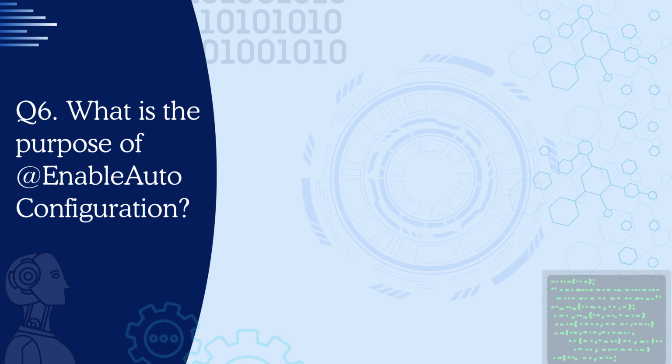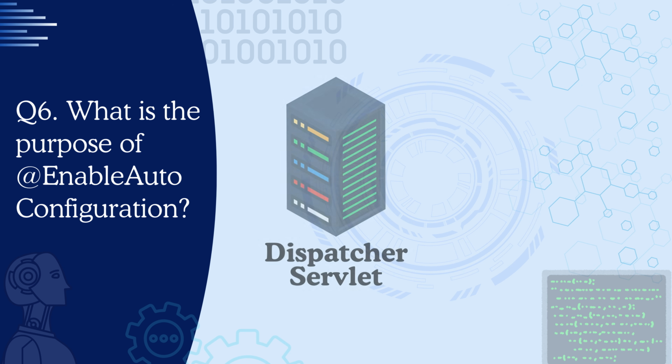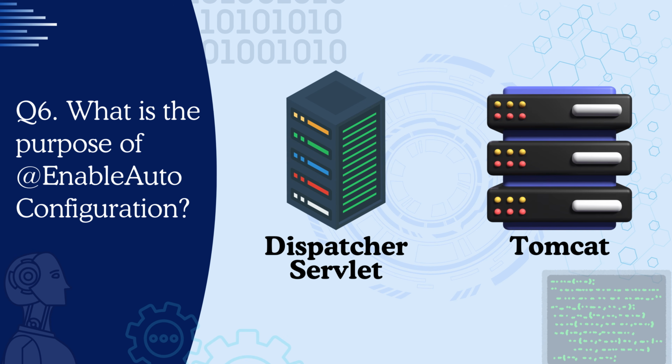Question 6. What is the purpose of @EnableAutoConfiguration? Now Spring Boot has a concept of auto configuration. It means that there are some classes and beans that are required for an application to run. For example, classes related to dispatcher servlet or classes related to Tomcat. So Spring Boot automatically configures these classes for you. You don't have to write any code yourself for them.